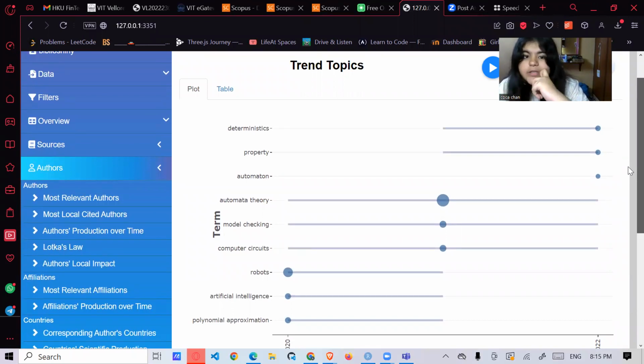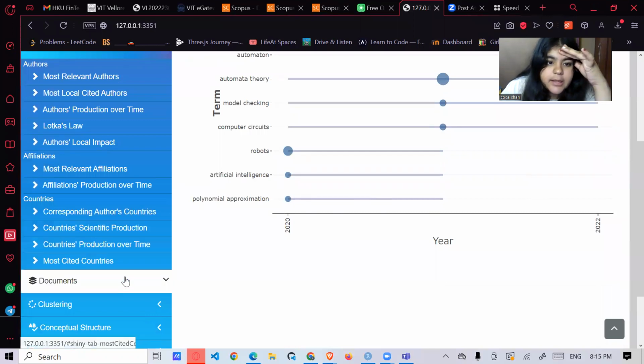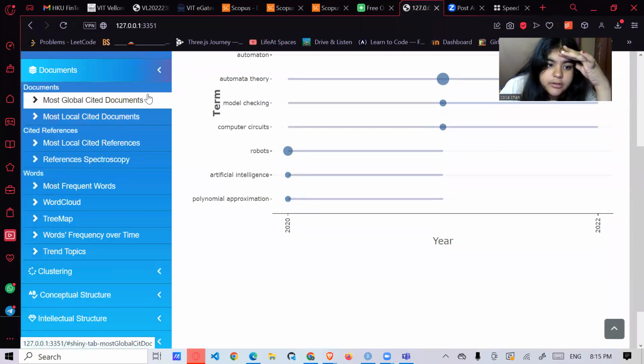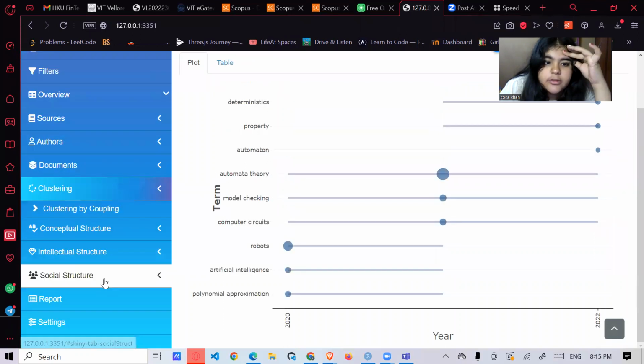And now it is deterministic property and automaton. So you can see what topics were trending in what year, just like how I showed you before. You can also see what work has been cited and what authors did what.